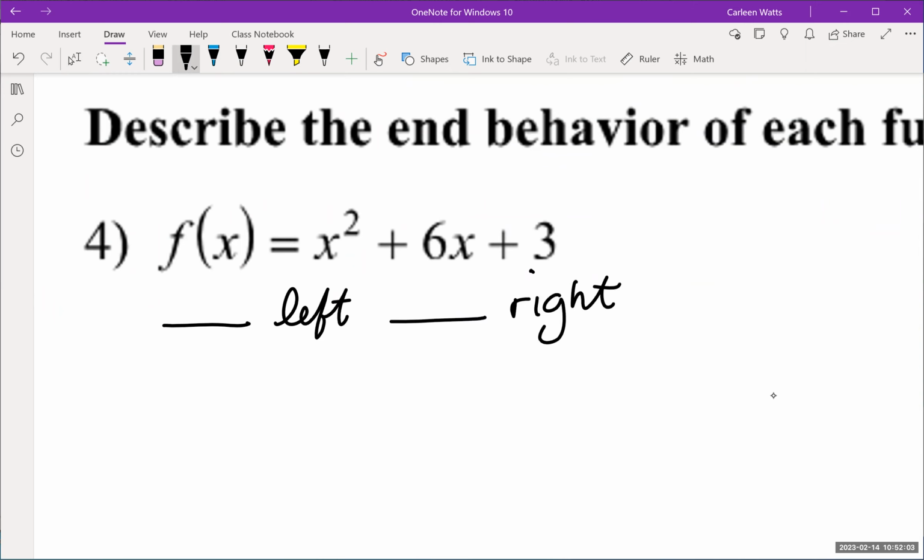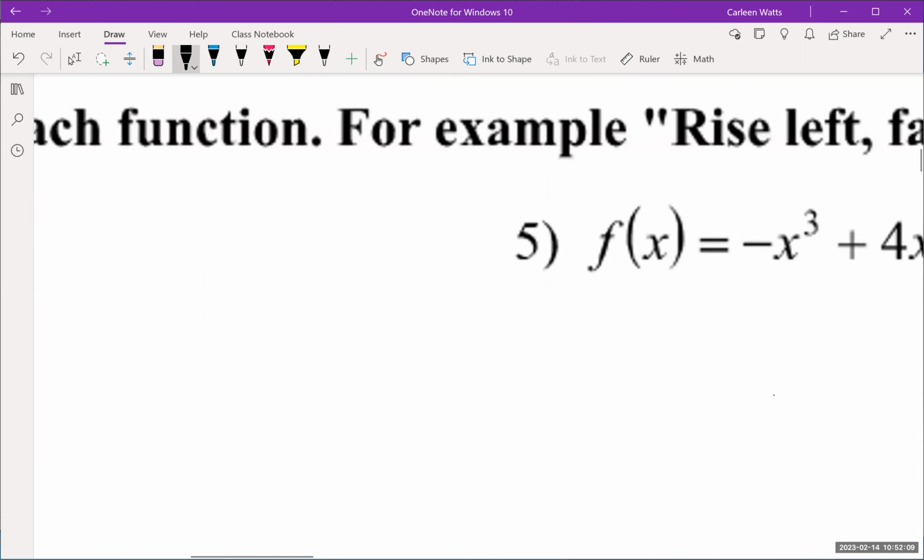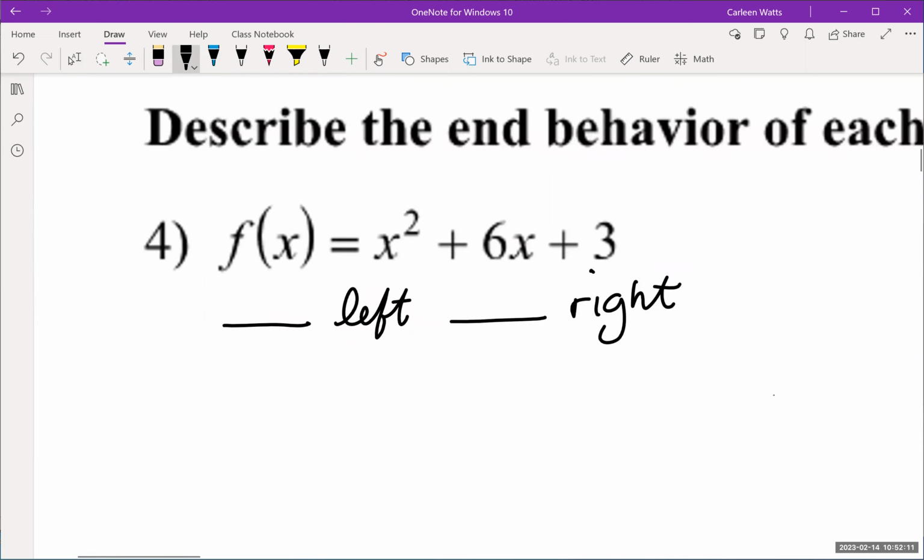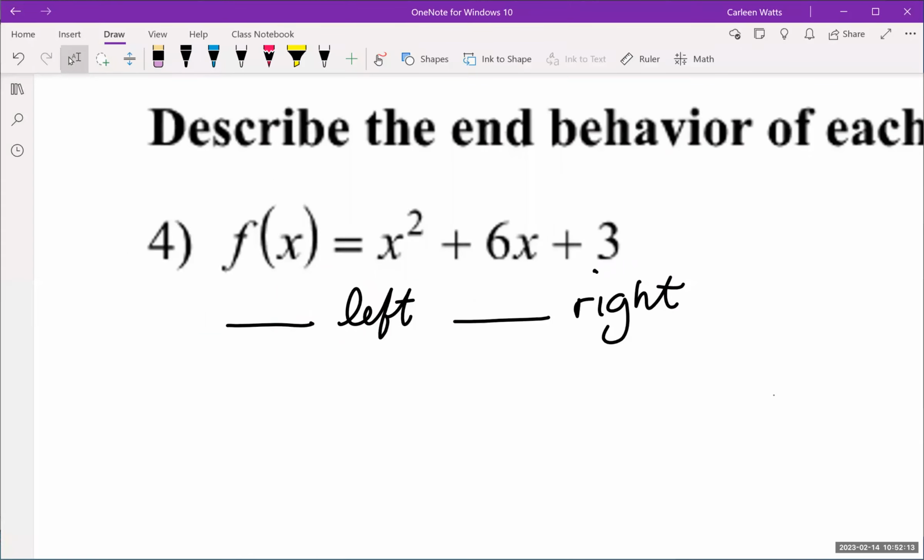Okay, your turn. Exponent of 2 makes a U. On the left, is it going to rise or fall? On the right, is it going to rise or fall? So what are the 2 words that I write in here? All right.